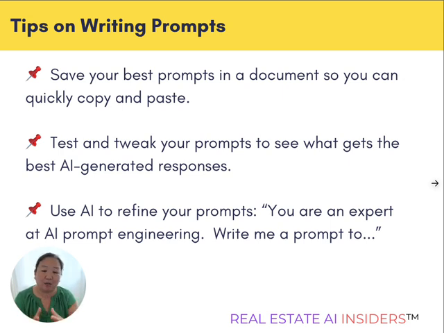Play around to get that perfect prompt for your listing description, and then you can reuse that one every single time for all of your future listing descriptions. So you want to take the time, at least that first time, to really test and tweak the prompt to see exactly what gets that best generated response.